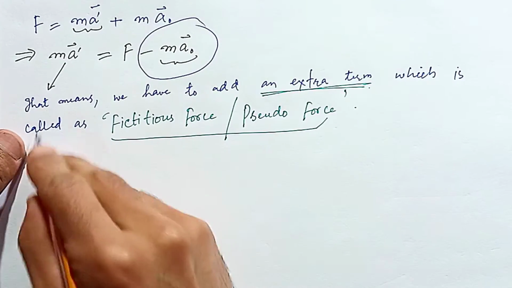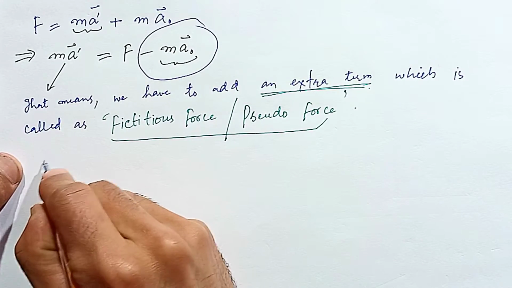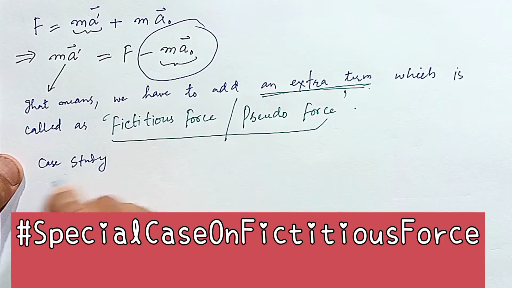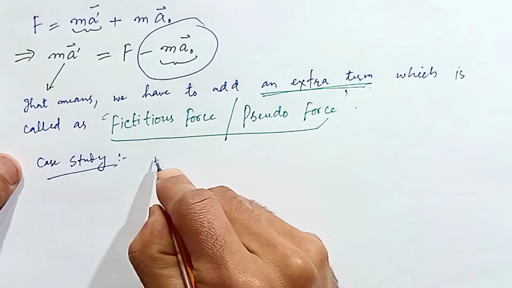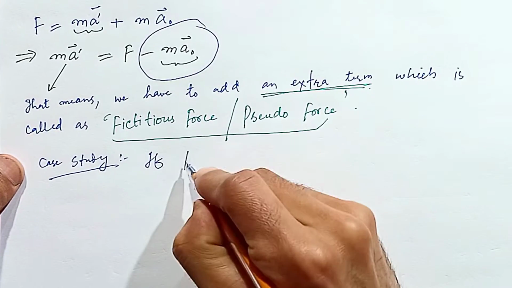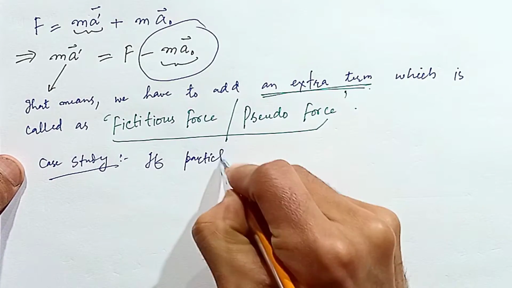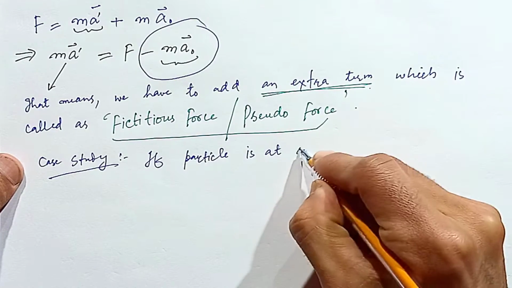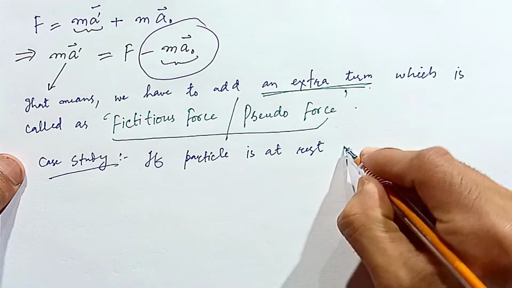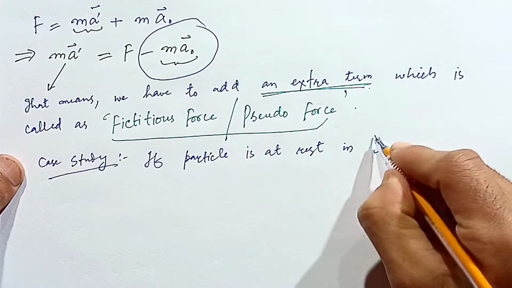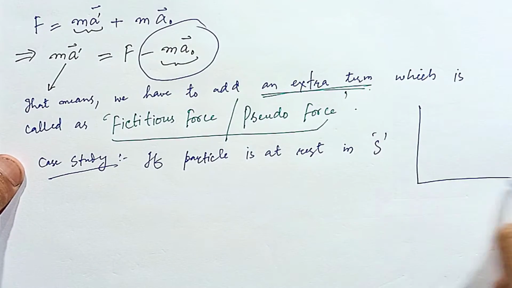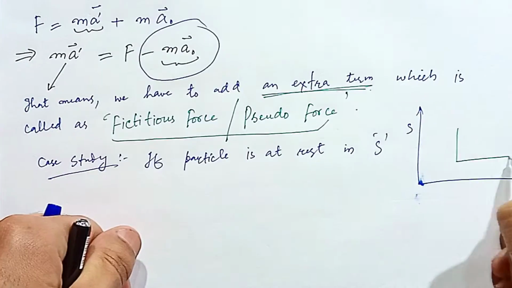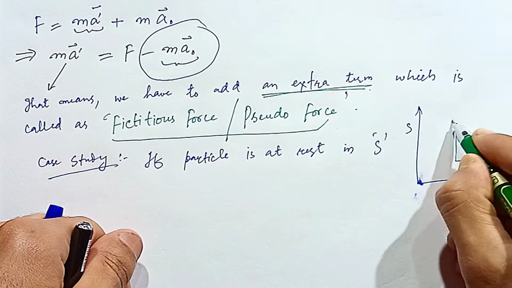For example, take the case if the particle is considered at rest in the frame of reference S. We have considered the frame of reference S, and then the extra frame of reference S prime.